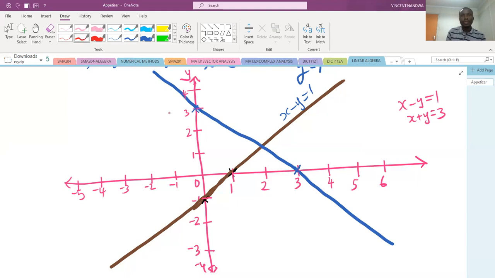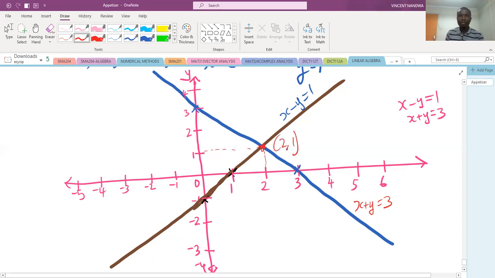And you see this is the intersection point, 2, 1, which agrees with what we know from high school on how to solve simultaneous equations by the graphical method. So that's the first set.